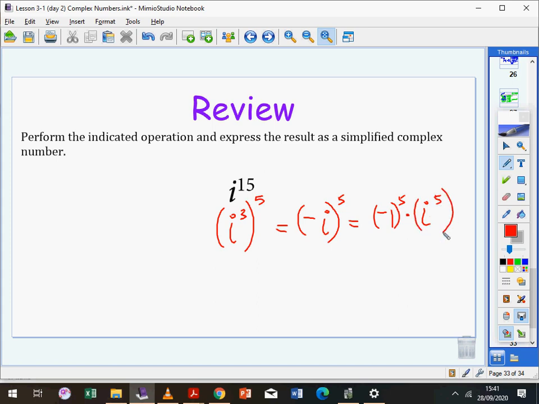So you're going to be discovering ways that you can break this down in the simplest form for you. I'm going to just share one more way that you could do this. So negative 1 to the power 5 is still negative 1 because it's an odd power.